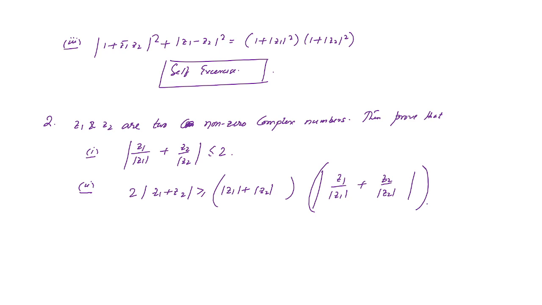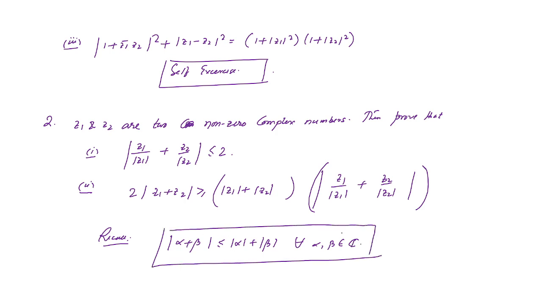Now we will move to the first one, which we'll prove simply using a property. You just recall the fact: |α + β| is less than or equal to |α| + |β| for all α, β belonging to complex numbers. So we just use this property and we will prove the first inequality. Here, Roman 1: |z1/|z1| + z2/|z2||. We consider the first quantity as alpha and the second quantity as beta.